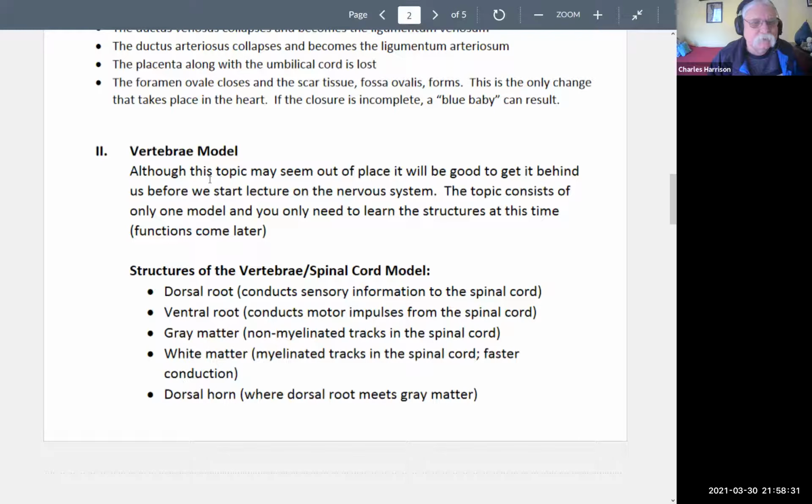Reading this to you, this may seem out of place, the vertebra model, but it's good to get it behind us before we start on the nervous system. It only consists of one model, and you only need to learn the structures that are here. Functions will come later.